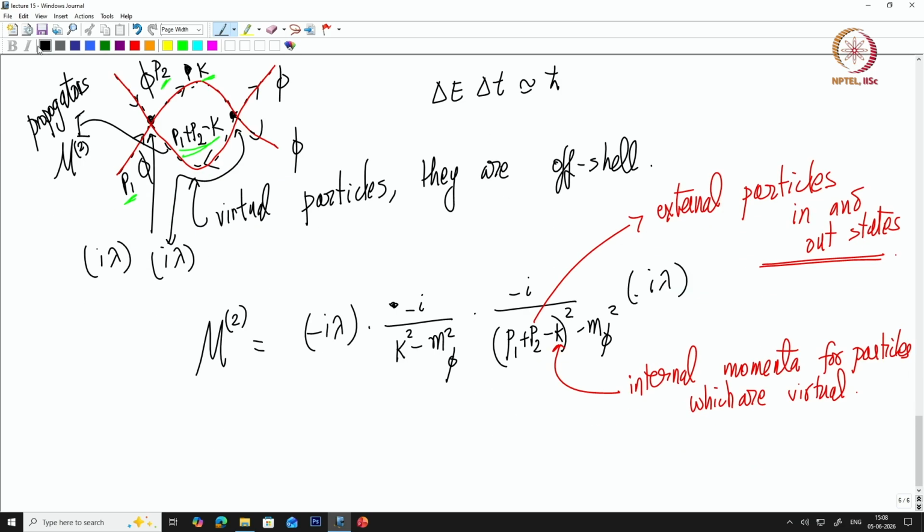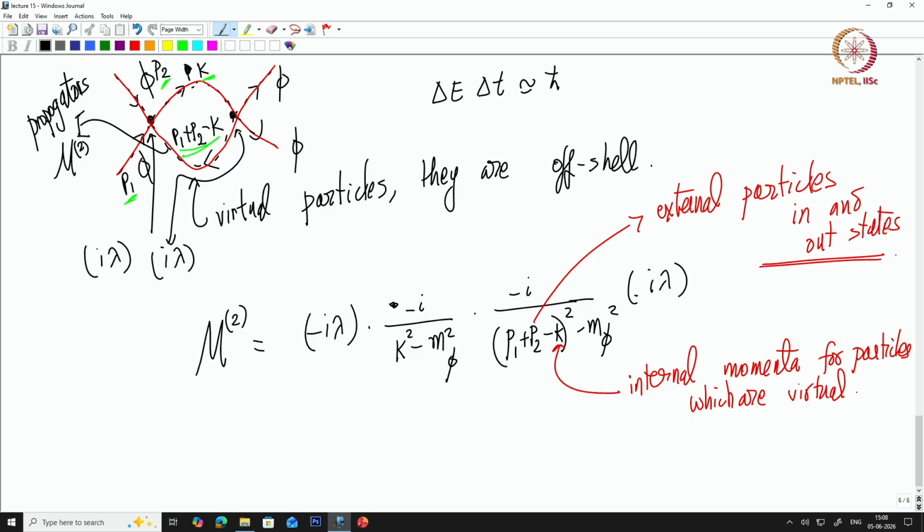So this internal momenta is free, it is not constrained by any energy momentum conservation laws.